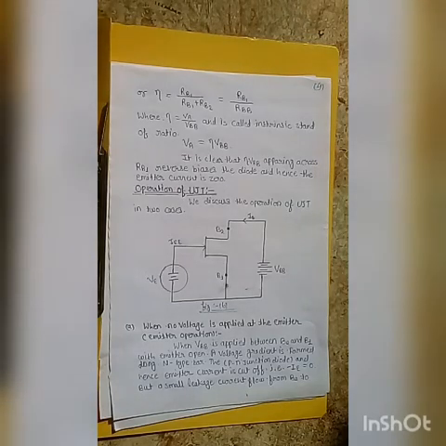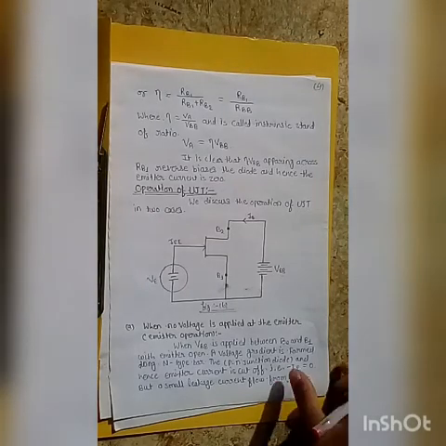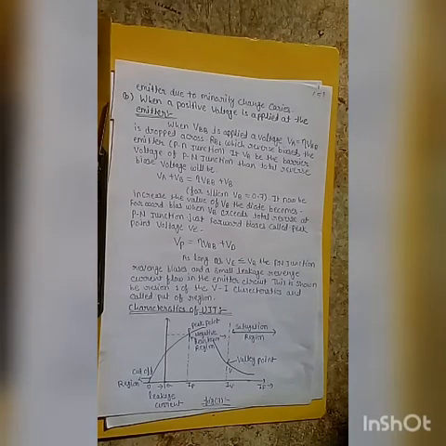IE is equal to 0, but a small leakage current flows from B2 to emitter due to minority charge carriers.